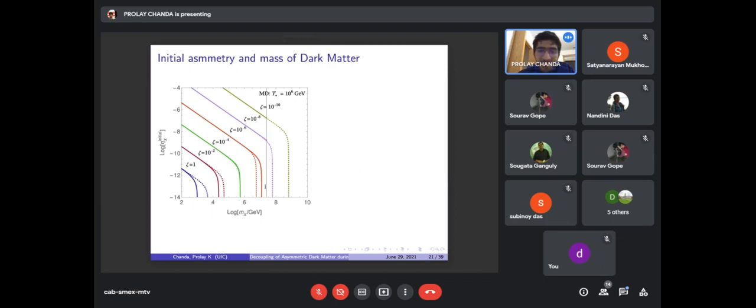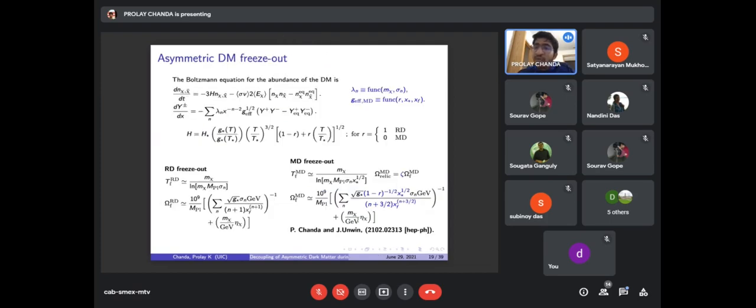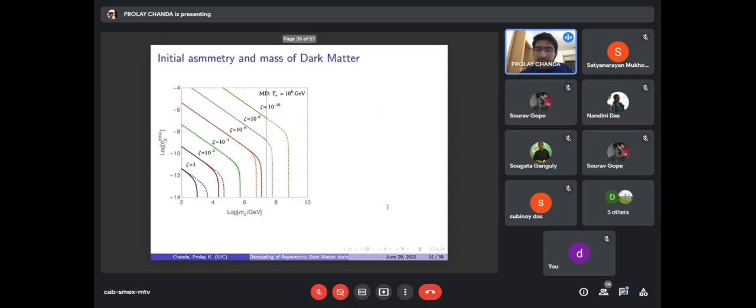However, we see the vertical lines below because the asymmetry will be so low that there cannot be effective annihilations to wash out the symmetric part. The relic density is given by the symmetric part itself, which depends on the cross section, and in a way it depends on the mass itself. So for a given mass you have these vertical lines.